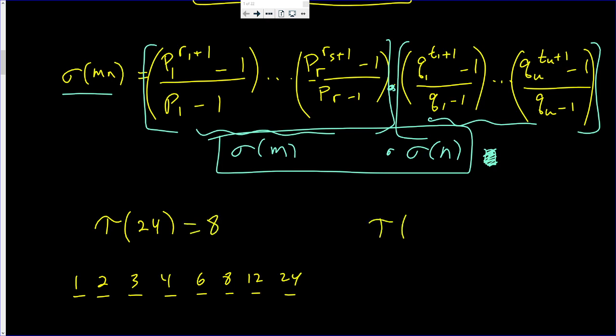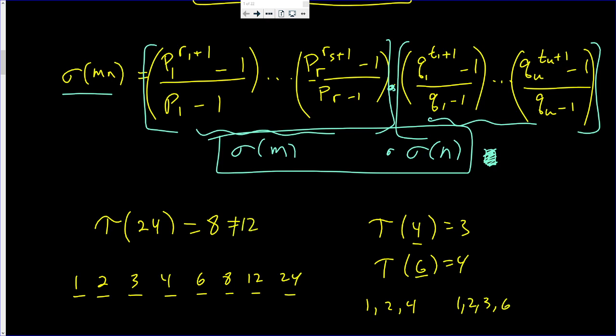And what is tau of 4 and what is tau of 6? They, after all, do multiply. 4 times 6 does multiply out to 24. Well, the divisors of 4 are 1, 2, and 4, so that's 3. The divisors of 6 are those numbers, there's 4 of them. 8 does not equal 12, which is 3 times 4, which is tau of 4 times tau of 6.